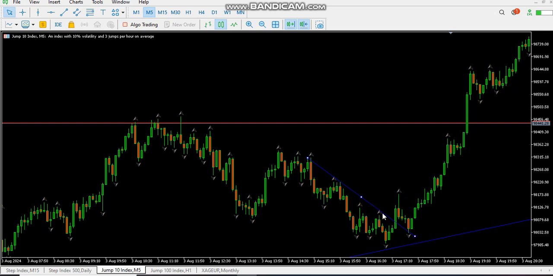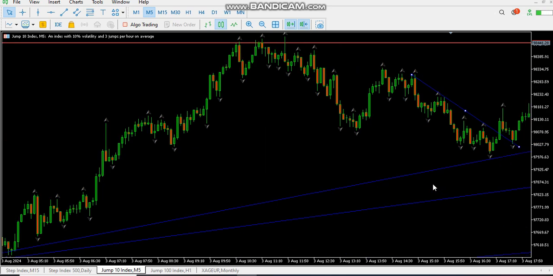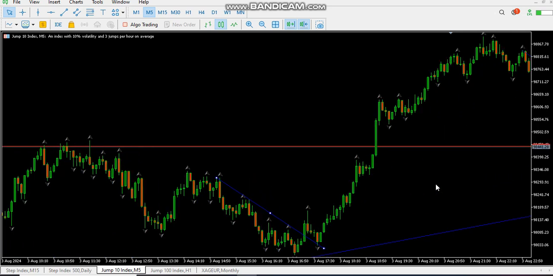Look at how the market broke above it, and for the first 5, 10, 15, 20, 25, 30 minutes you were probably in loss, and look at how much you could have made for the next couple of minutes. So this is how you identify the counter trend.